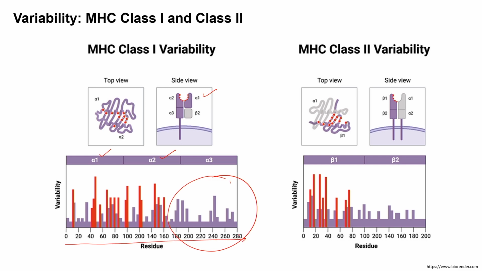Say there are 280 amino acid big chain, alpha chain, and the red one is showing the change in the amino acid level. Say in position, for example 15, we have a different amino acid in MHC1 molecules. Also next to 40 residue, you have variation. Again, there are red dots here and there which allow change of the amino acid in that particular location.